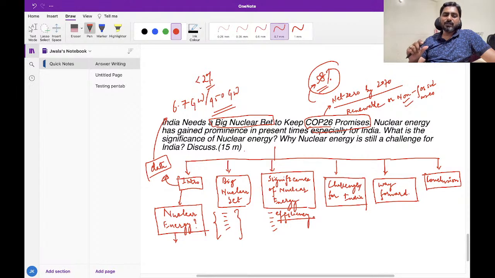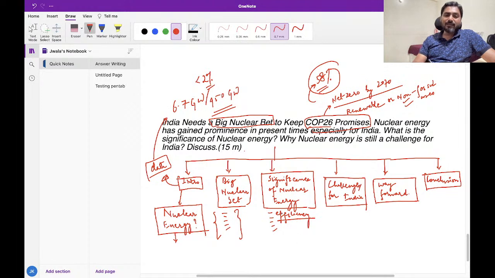In fact, fusion is theoretically said to be more efficient than fission. So nuclear has a lot of potential in that respect, that it has very high efficiency. That is the biggest advantage of nuclear energy.